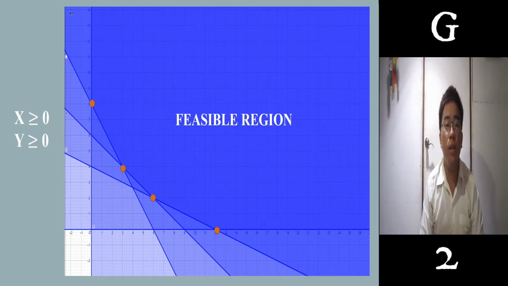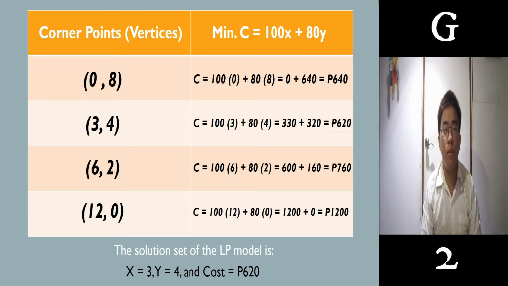Good afternoon, everyone. I am Debon Pete Kasipong, the fifth reporter. Since we already have the corner points, we will use these to find the minimum cost. What we must do is simply substitute these values into our objective function. The first number represents x, while the second represents y.